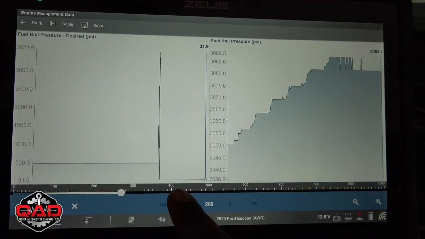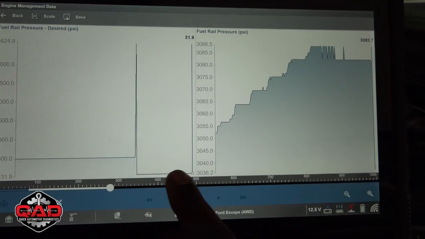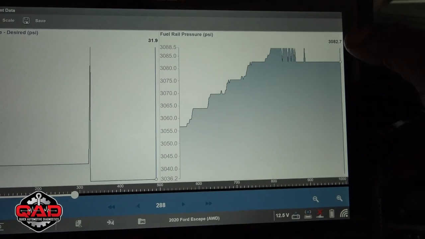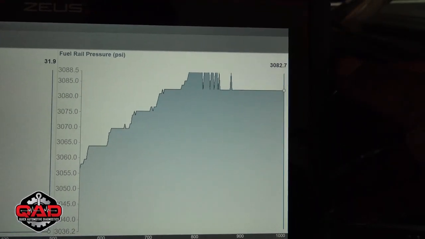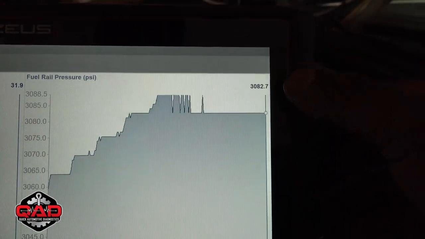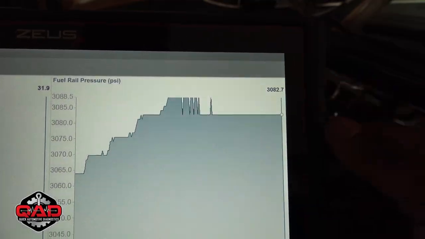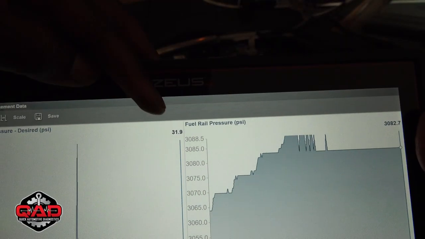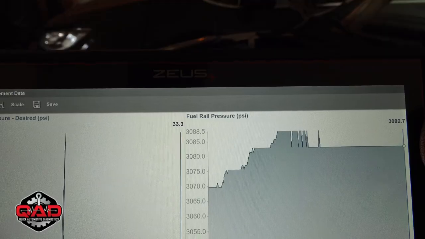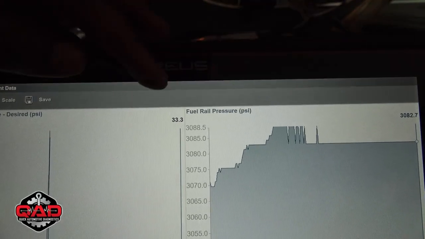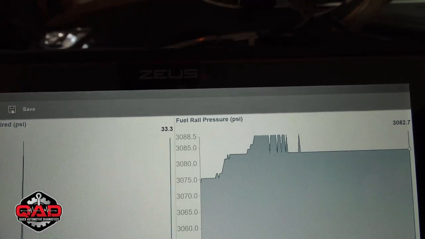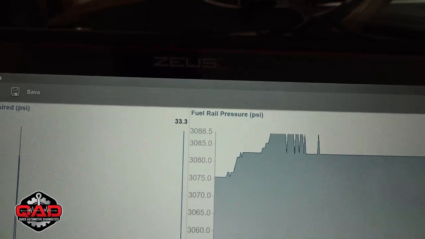As you can see, that's where the engine shut off, and there's some activity here, and now you see it's still maintaining that pressure, and we have 31 psi here. It's gonna go actually to 34, I believe, because that's the default. So we have 3.3 volts.